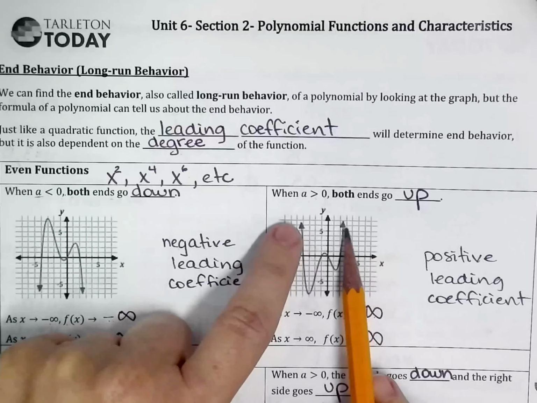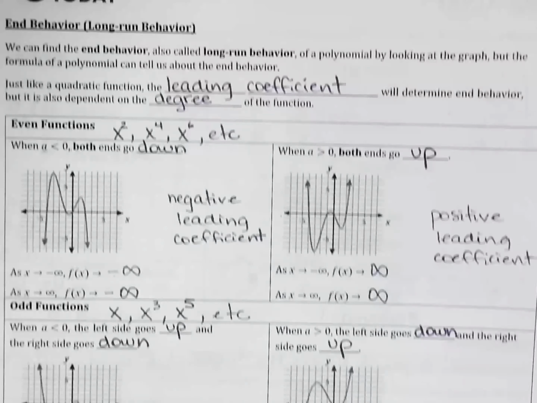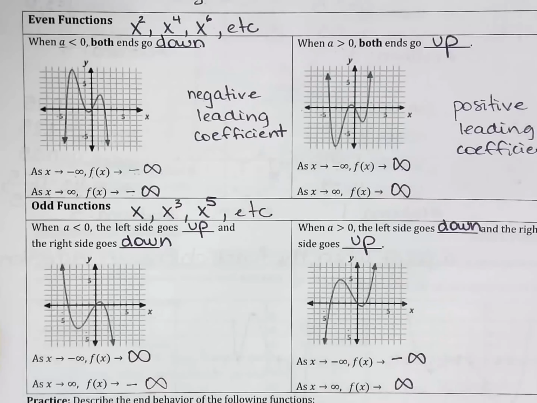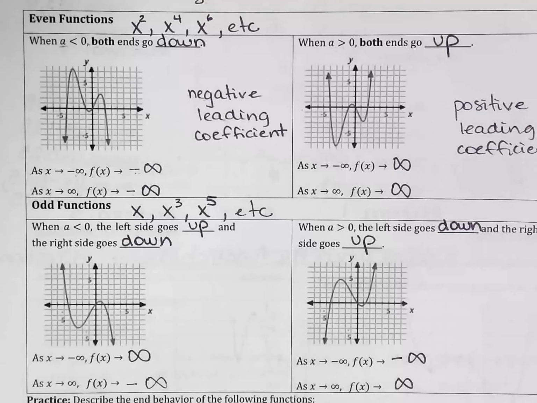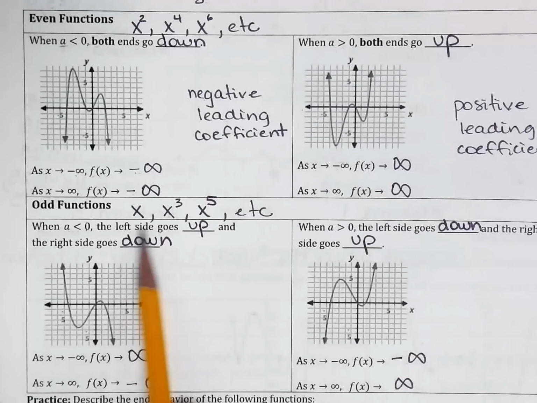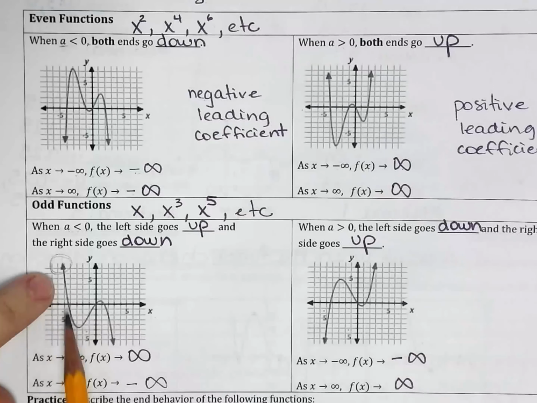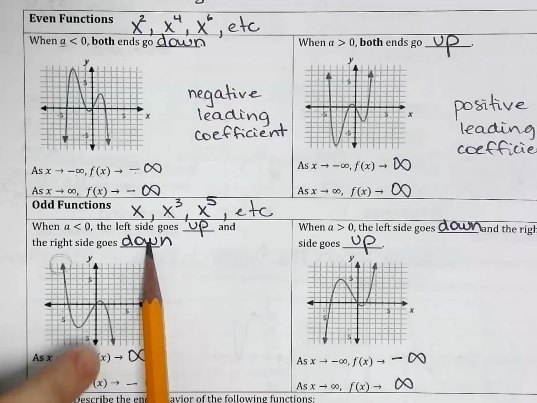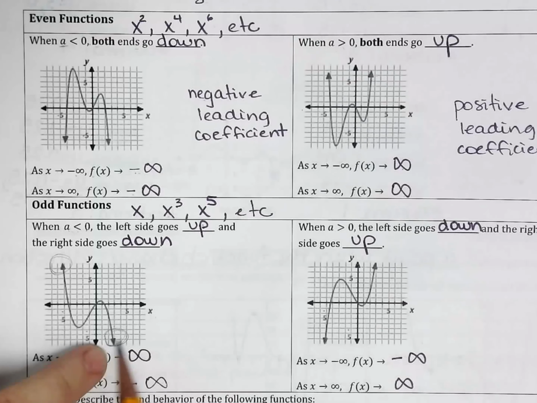They both go up. Now, odd functions are a little bit different. All the odd functions kind of behave the same way. So linear, cubic, anything odd, they will behave the same way. When a is less than 0, or a negative leading coefficient, then the left side goes up, this is the left side, and the right side goes down.